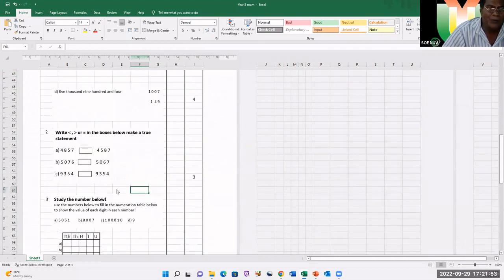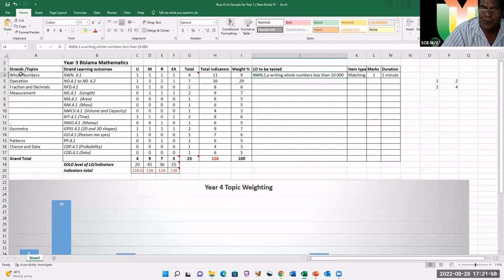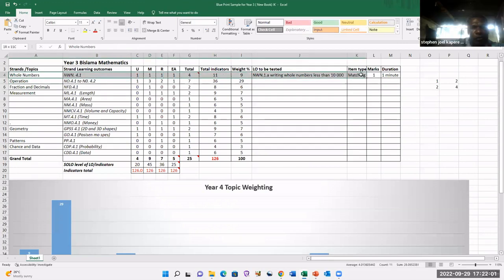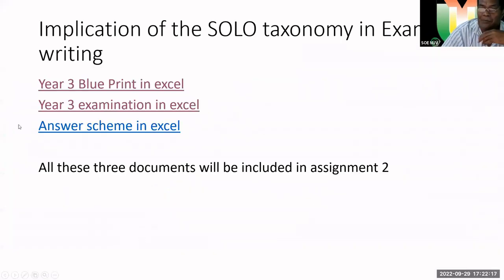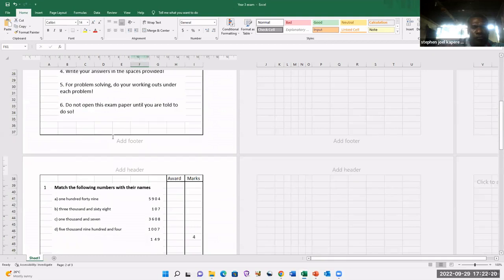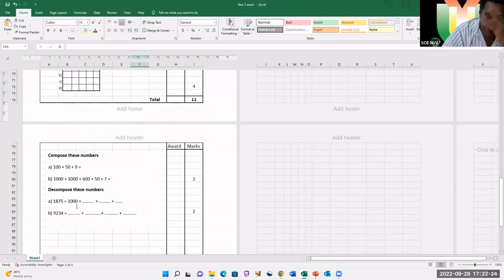In the blueprint we update the learning outcomes, and when we have three types of learning outcome, we must reflect them in the examination paper: item 1, item 2, item 3, item 4, all on numbers.